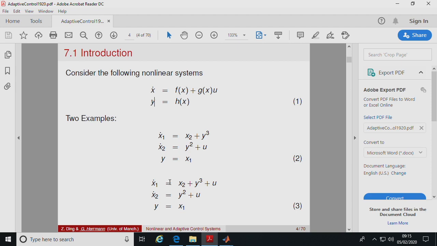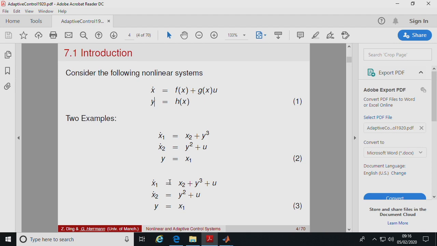So what did we introduce? We introduced Lie brackets, and we tried to see if we can use these Lie brackets to achieve state feedback linearization, so that rho equals n.